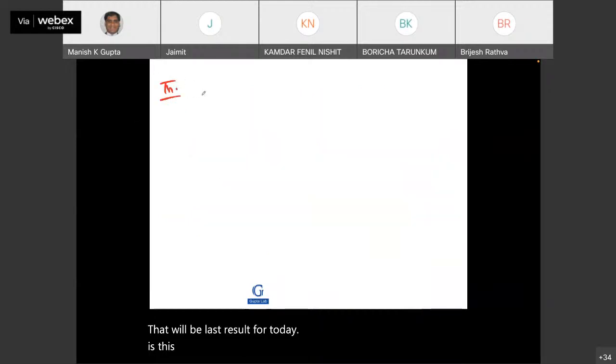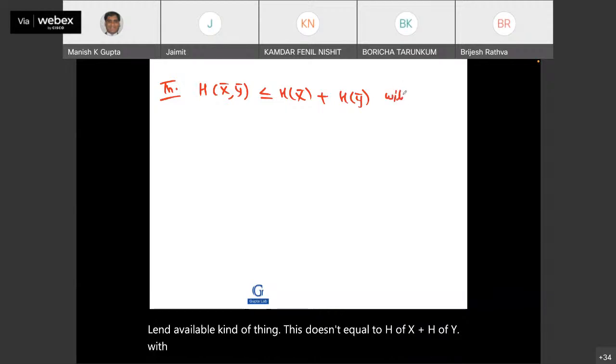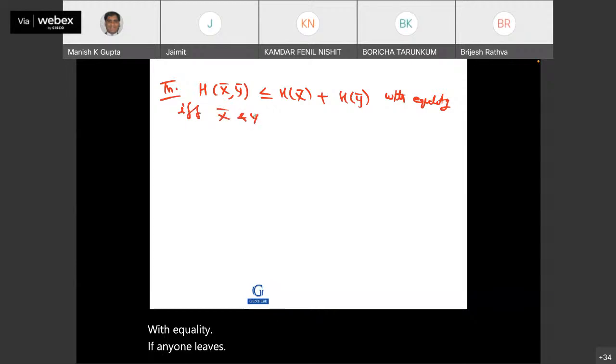This theorem says that the entropy of the joint random variables is less than or equal to H of x plus H of y, with equality if and only if x and y are independent random variables. This is a beautiful result, and we can prove it in a very nice manner. So let me do it for you.